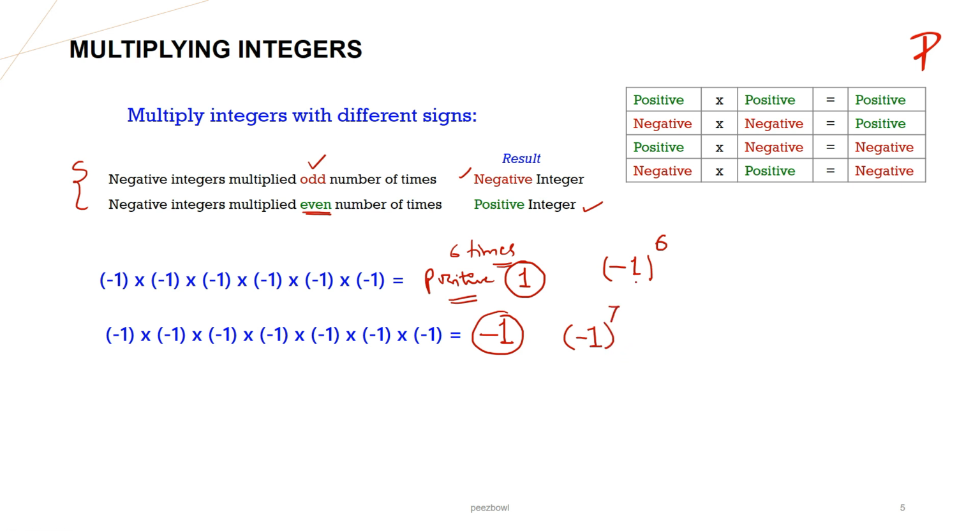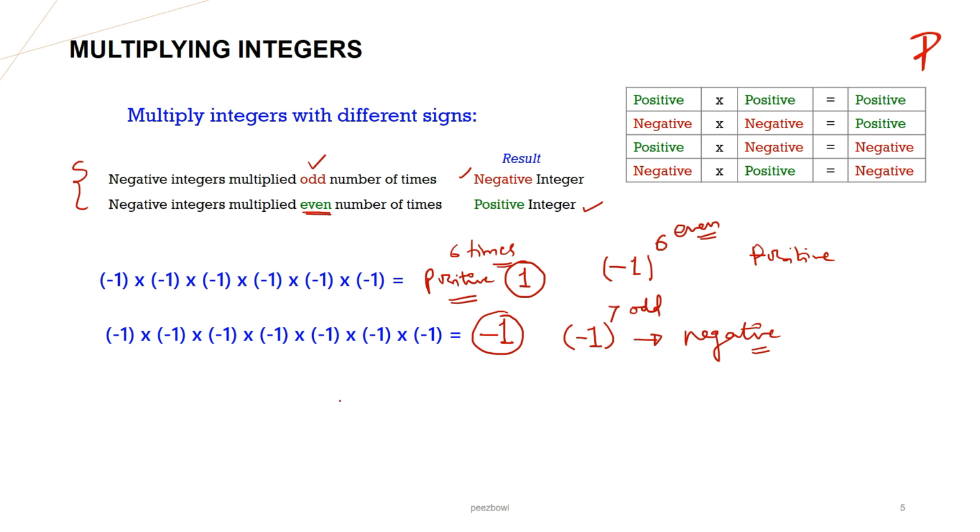So whenever -1 is having an even number power, then the result of this multiplication is always positive, right? And when -1 or any negative integer has power of odd number, then the result of that multiplication is always going to be a negative integer. Getting?